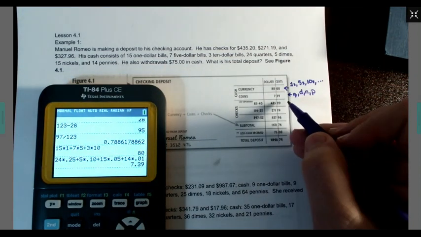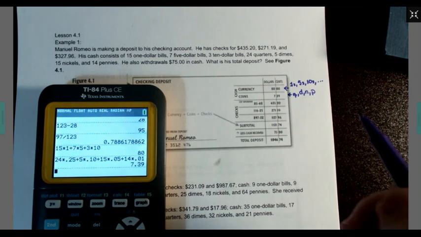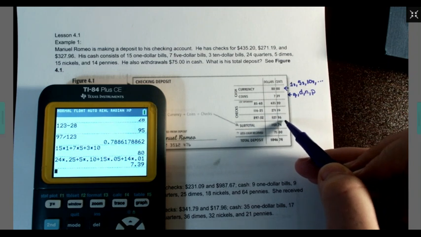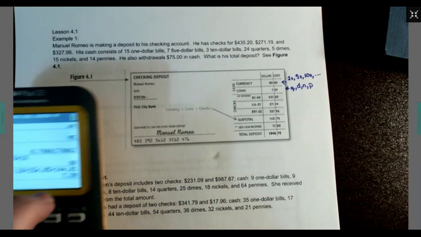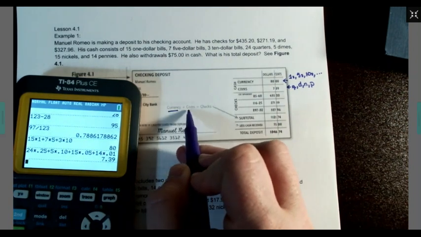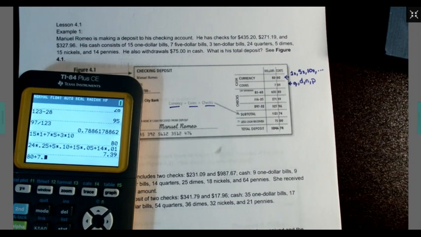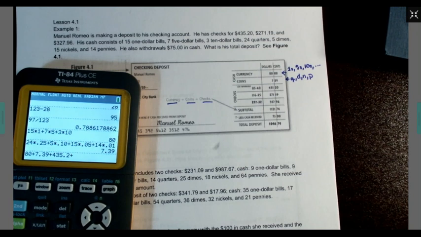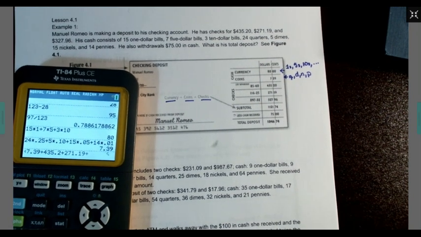Then they listed the 3 checks that we would receive, or that we're depositing, the $435.20, the $271.19, and the $327.96. And the next thing they do is they add all of that up to find the subtotal. Notice how it says currency, coins, and checks all added together. So they did 80 plus the 7.39 plus the 435.20 plus the 271.19 and the 327.96.